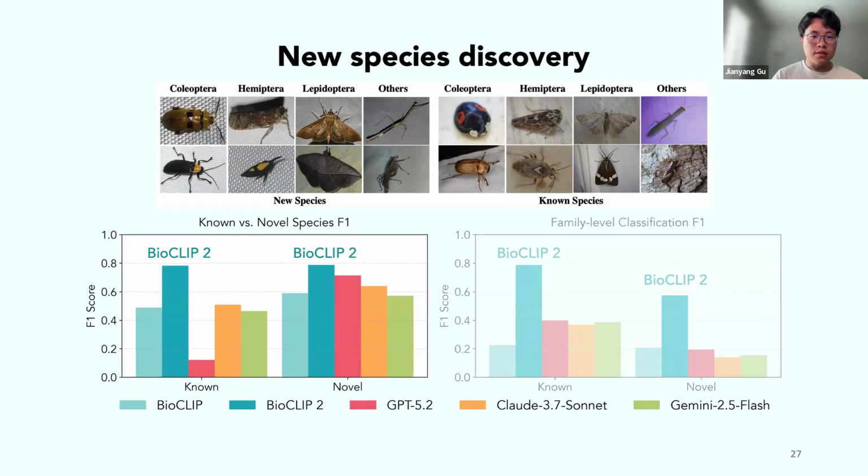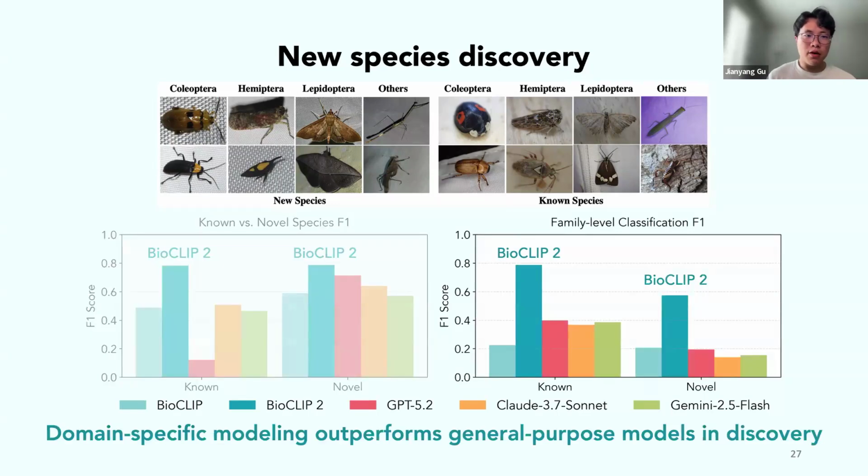And on the other hand, BioClip 2 does not only perform well on classifying if an image is a known or novel species, it can also roughly tell you what family it may belong to. For the novel species, it has almost a 60% F1 score in telling its family.